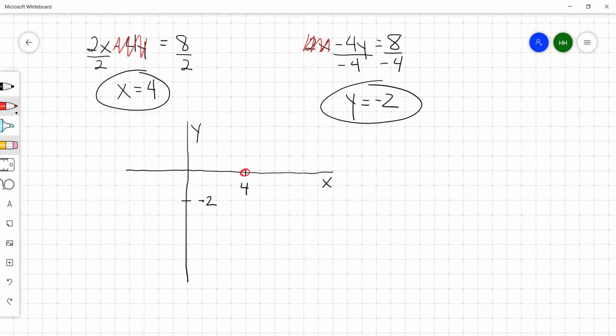Put a point on each of those and run a line through them. So that is the graph of the equation 2x minus 4y equals 8.